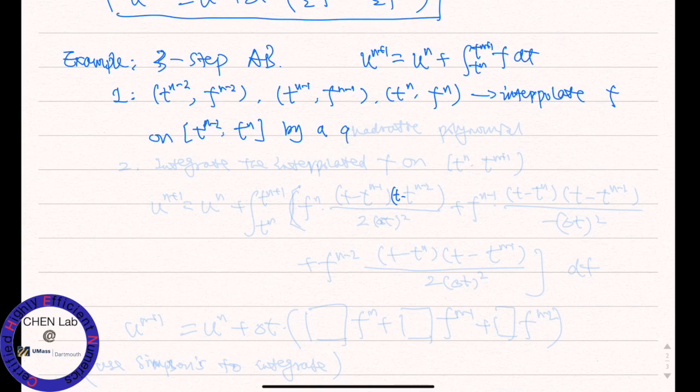A quadratic polynomial. And then you integrate. You extend it to Tn plus 1. You pretend that f on the new interval is that same function, right? The same function.